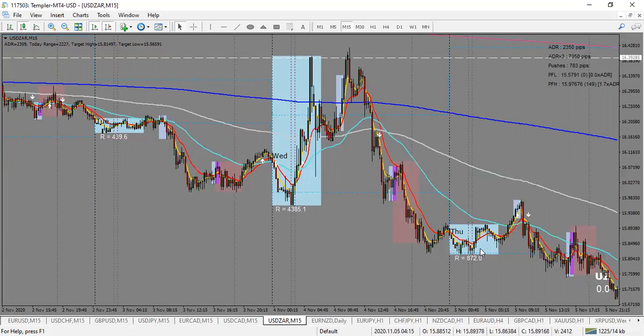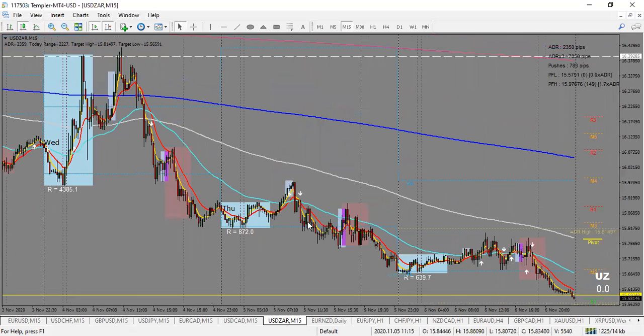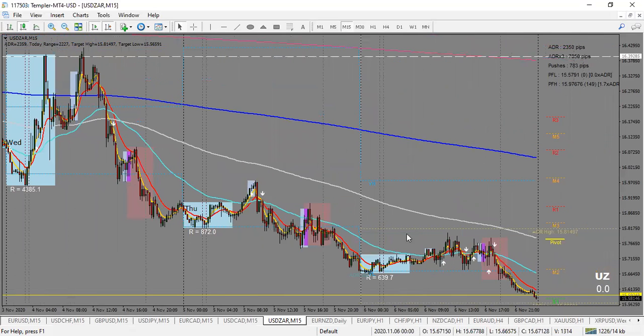And then on the next day, we had a downtrend going to Thursday and Friday. But it did not take any entry on Thursday or Friday. But we had a clear M here.